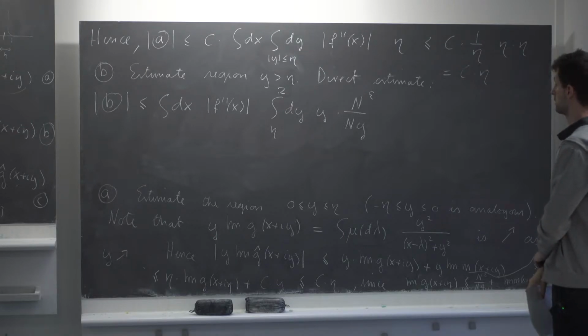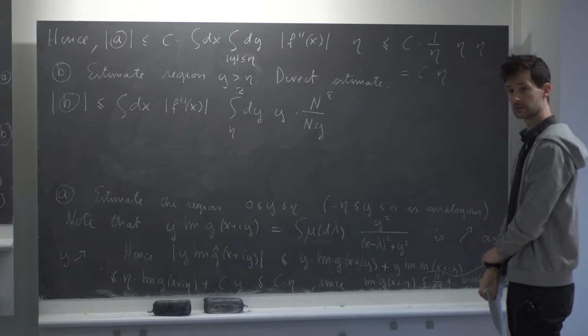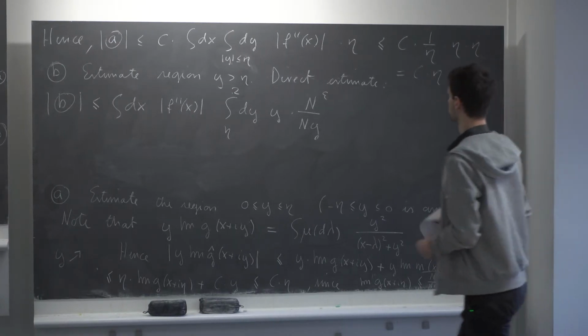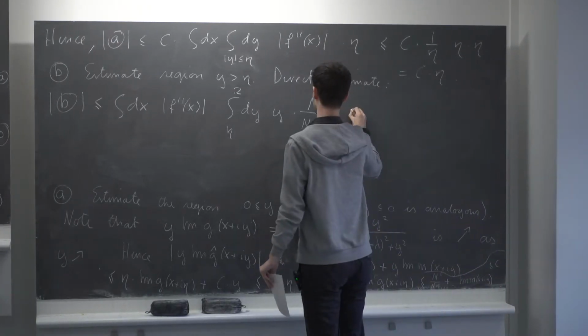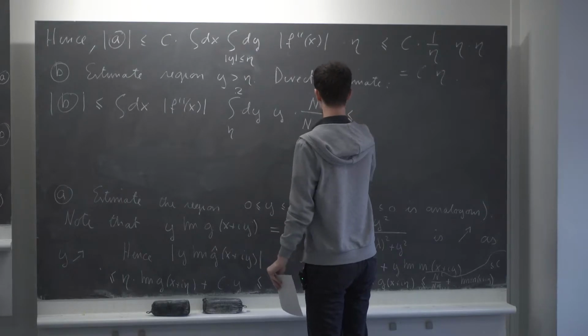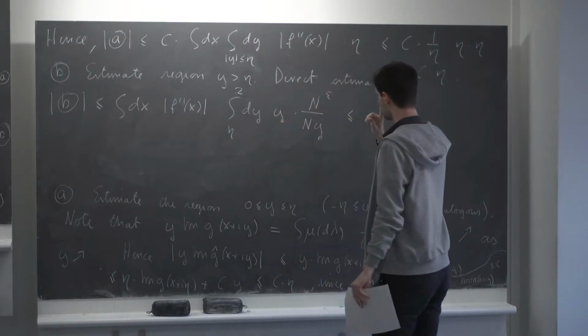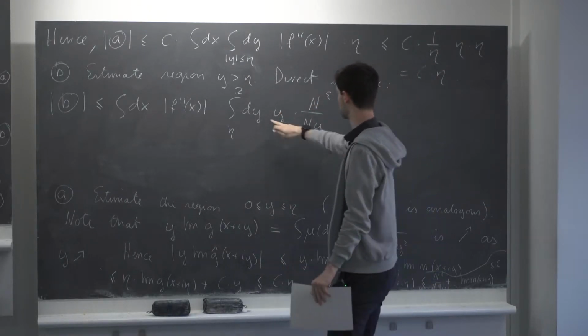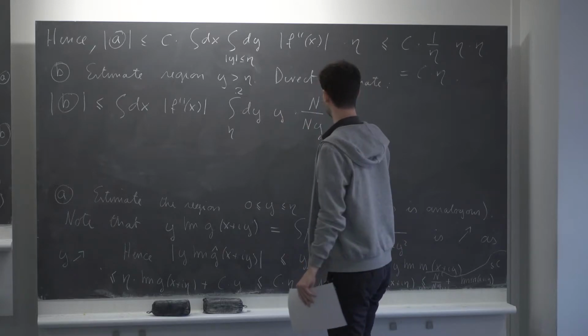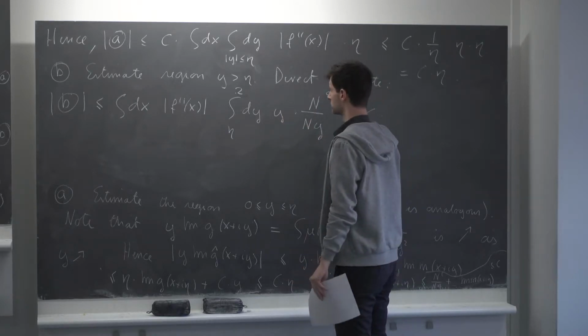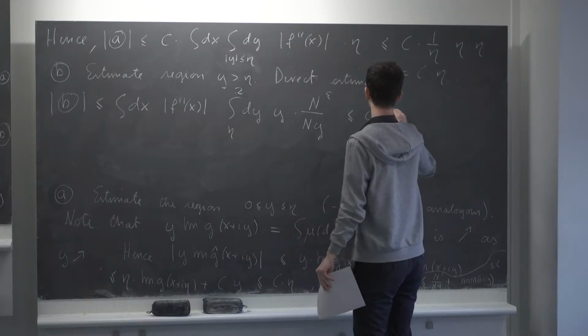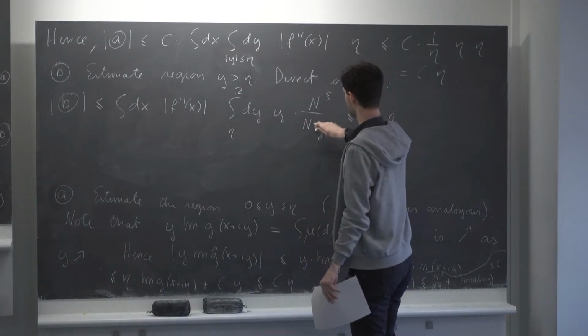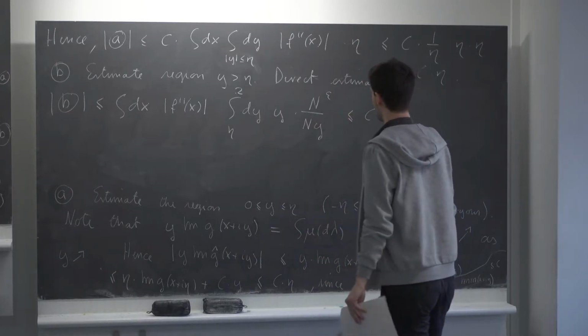So, if you look at it, it doesn't look very good, right? So let's try to finish the estimate nevertheless. These y's cancel. The integration over y just gives me a factor 2. So this gives me a constant times eta from this, times n to the epsilon over n.